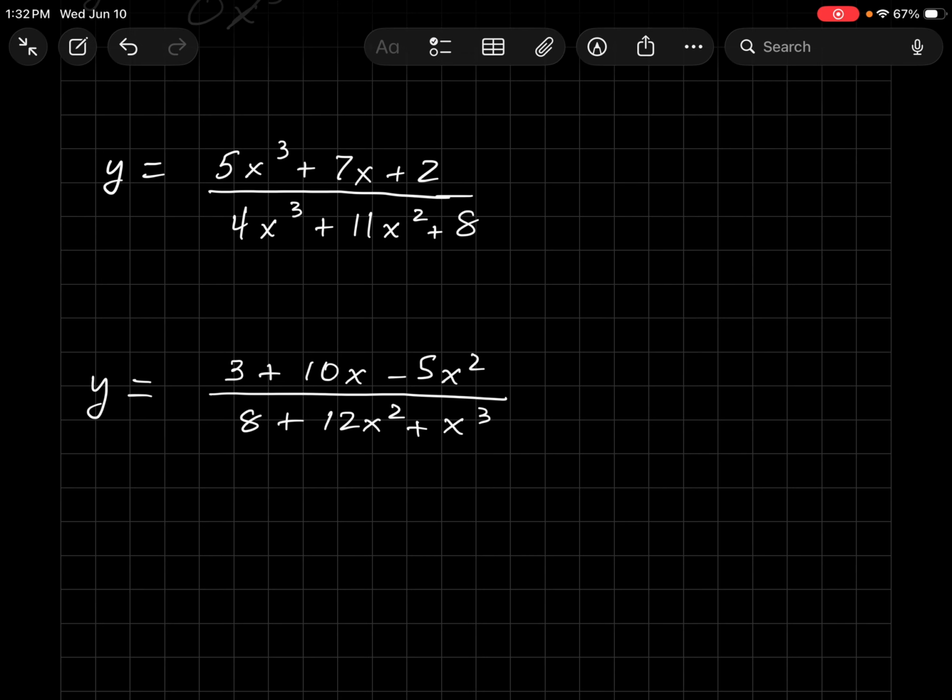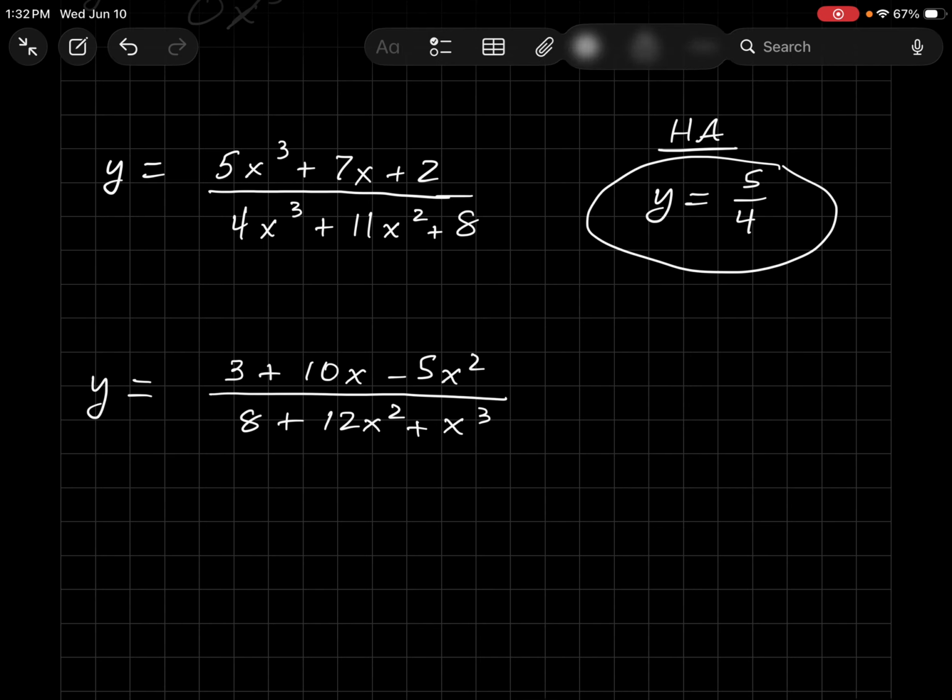Hopefully I gave you enough time to think about this. HA for horizontal asymptote. Did you put y equals, and very specifically y equals, 5/4 for the first one? Taking the highest powers top and bottom, simplifying, no x's left over.